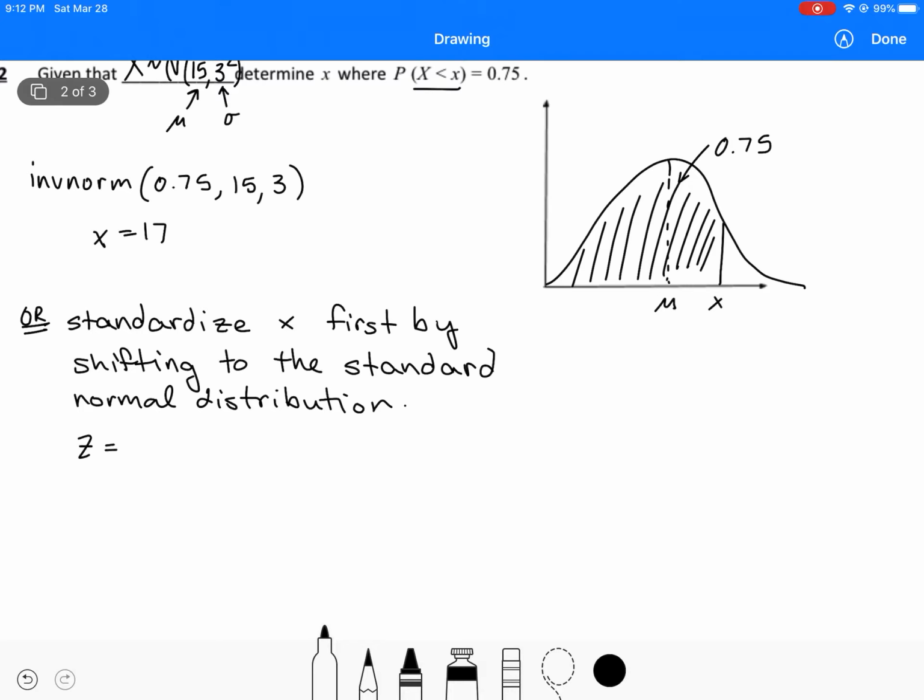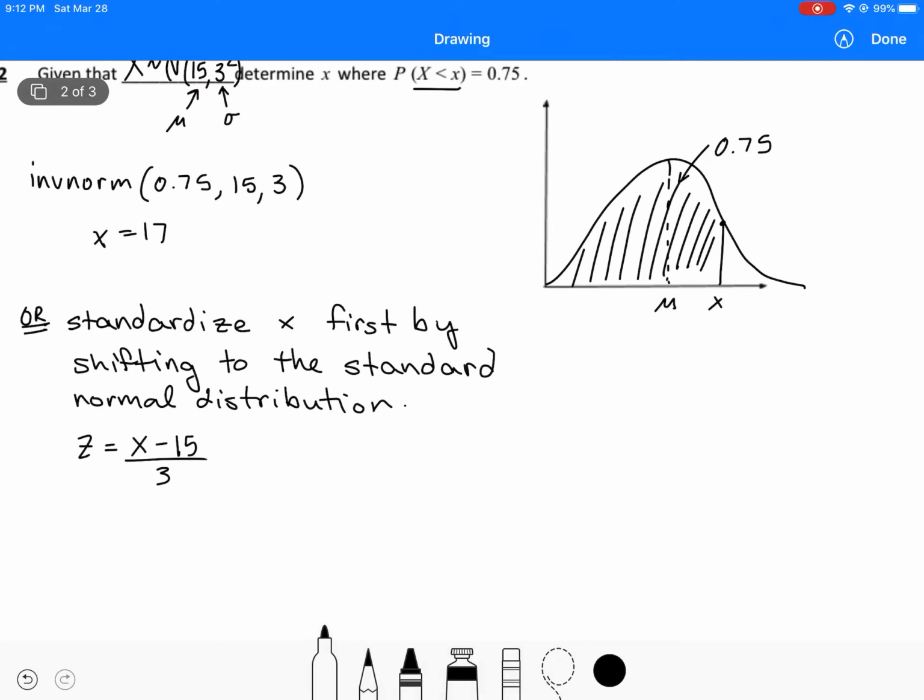So what we're going to do is we're going to shift our x to a z variable. So our x on our original one is represented just by x. We're going to shift it to our normal distribution, so position represented by z, by taking away the mean and dividing by the standard deviation.